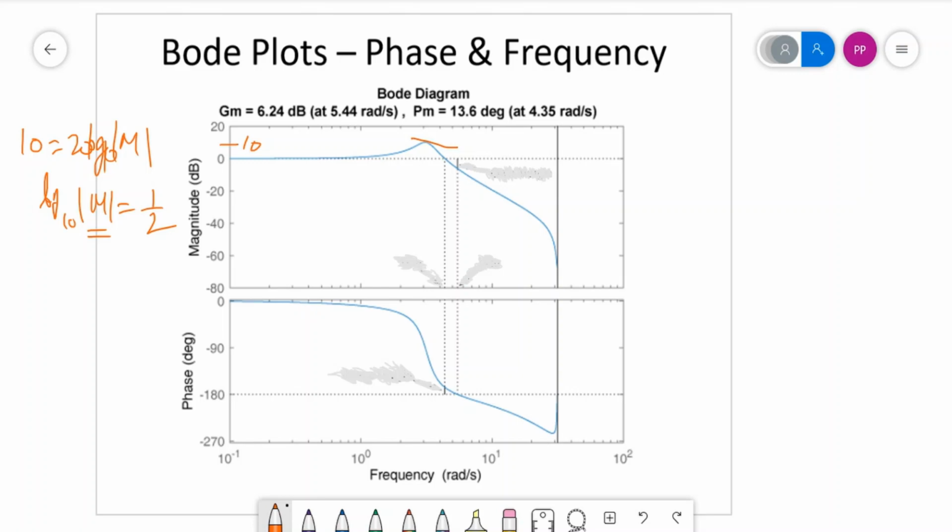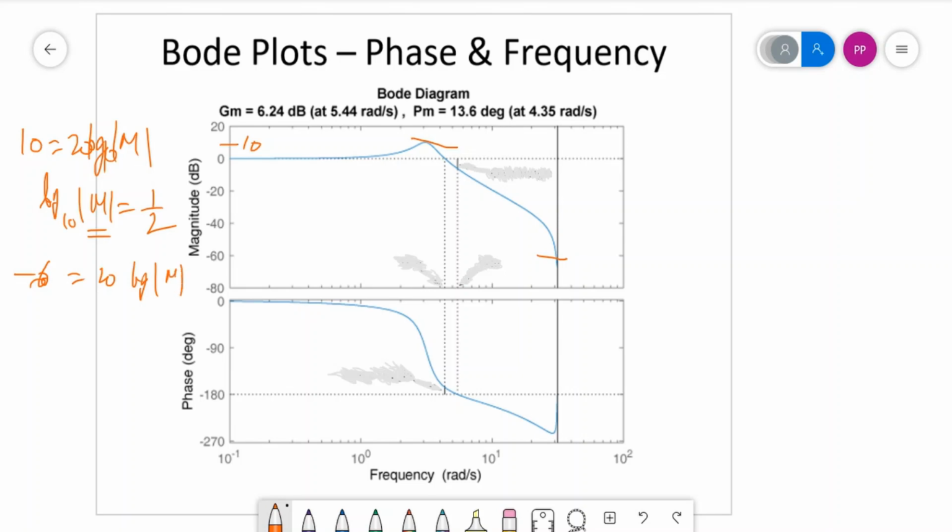Now this quantity is an increase in the value of gain, and here you can see the fall in the magnitude is minus 60 decibels. So minus 60 decibels equals 20 log magnitude.